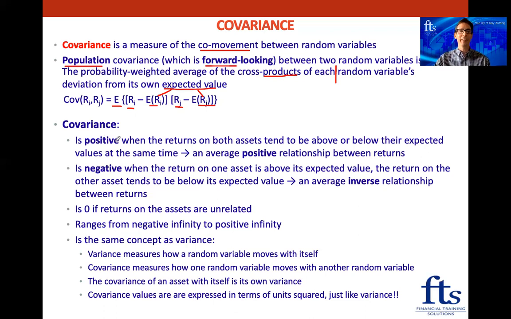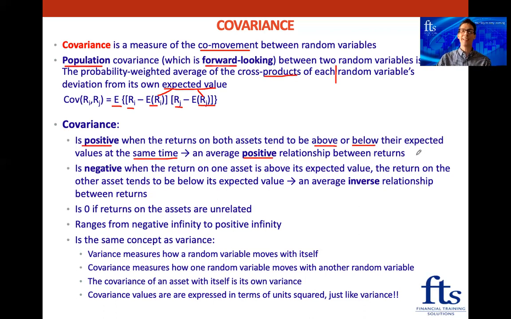So covariance, it's positive when the returns on both assets tend to be above or below the expected values at the same time. So this means that when asset I is above its expected value, then so is asset J above its expected value. And when asset I is below its expected value, then asset J is below its expected value. And if this happens, we get an average positive relationship between the returns on the two assets.